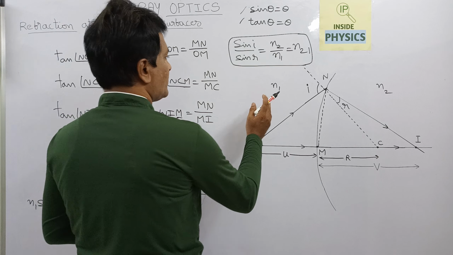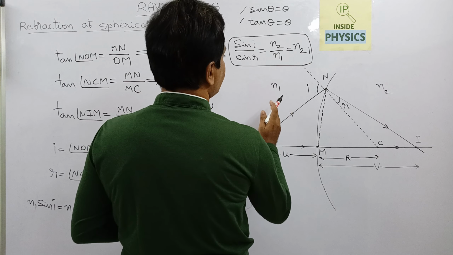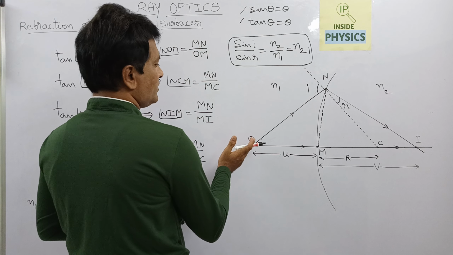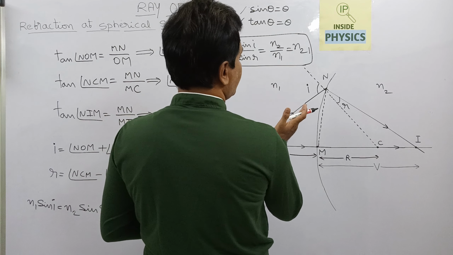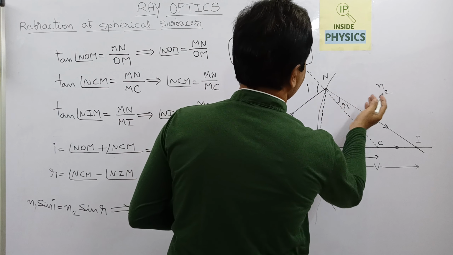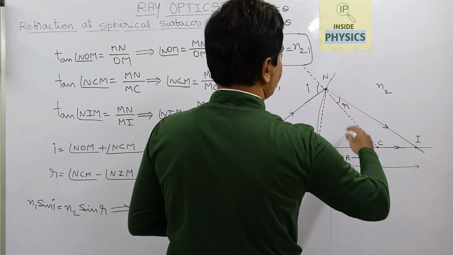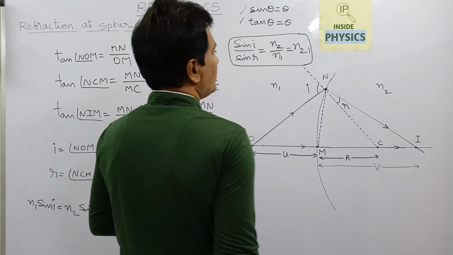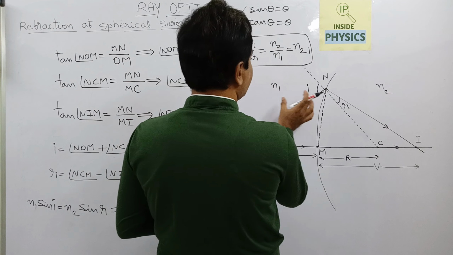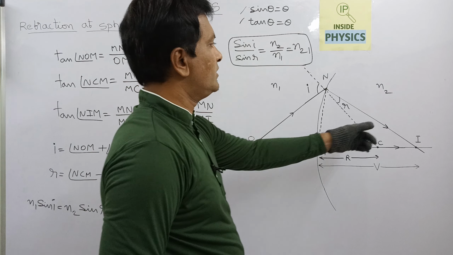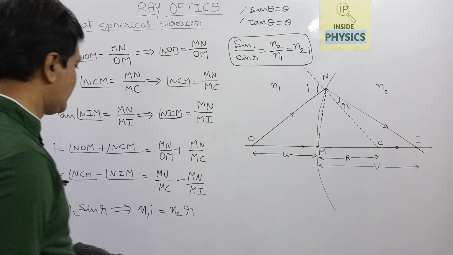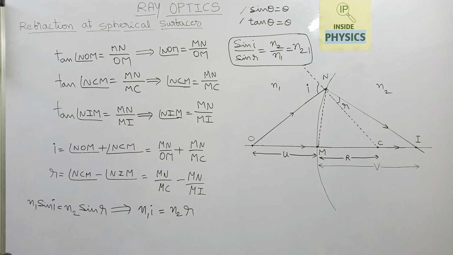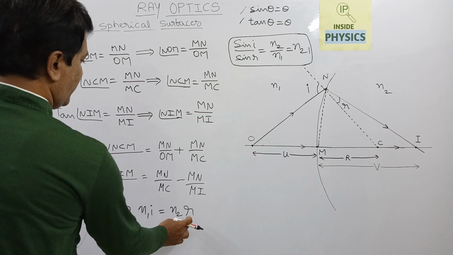If you consider N1 as air or vacuum, the incident ray from the object is entering into the second medium, that is, the curved surface. So N2 is the refractive index of the second medium. So N1 I is equal to N2 R.